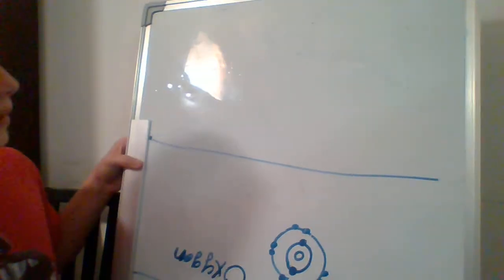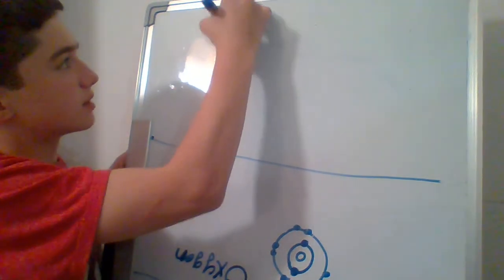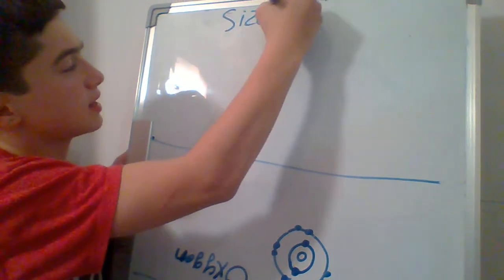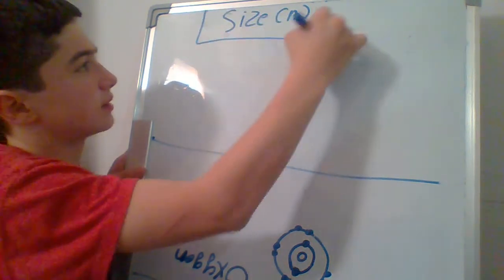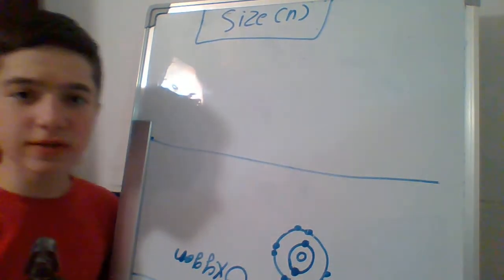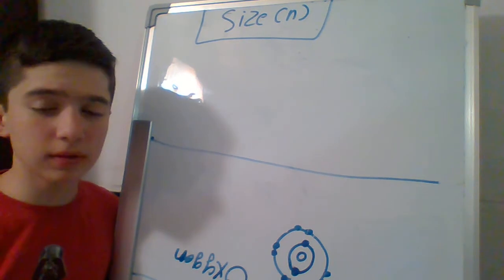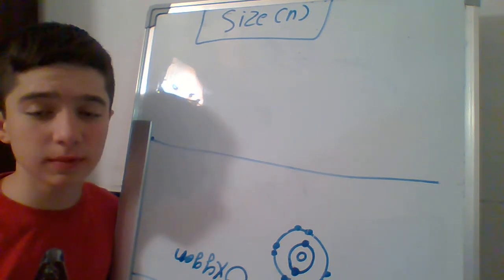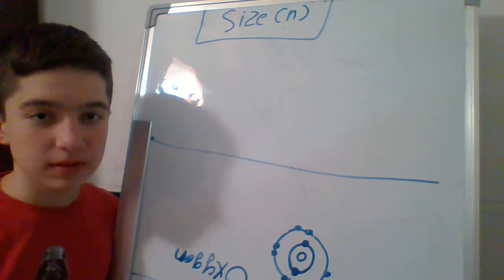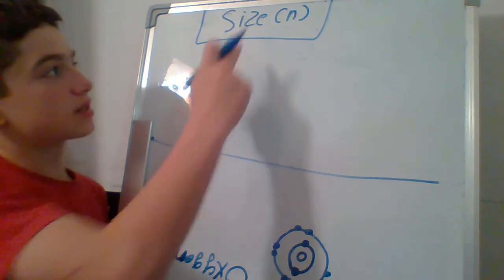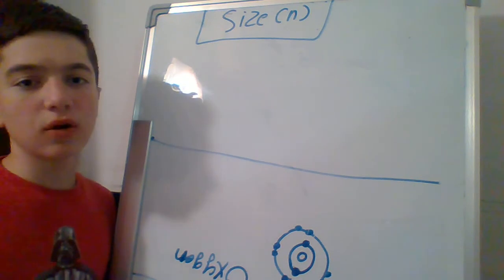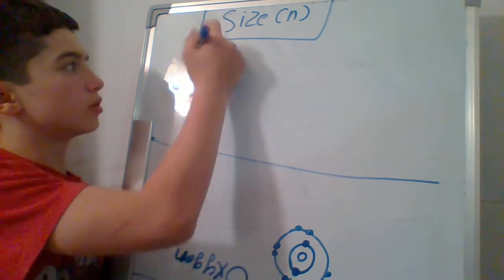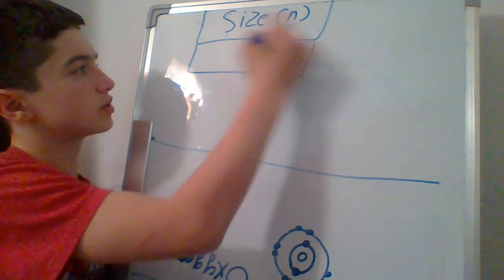First, the size, which has the symbol n. It tells us the size of the orbital. Whenever we talk about quantum numbers, we talk about the quantum numbers of the orbitals.